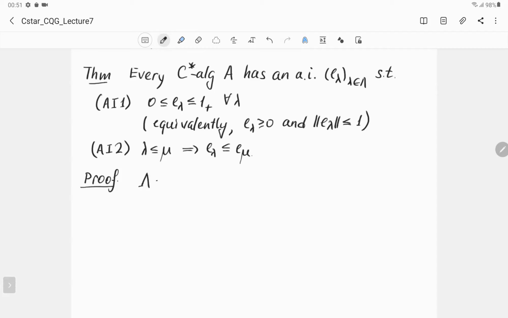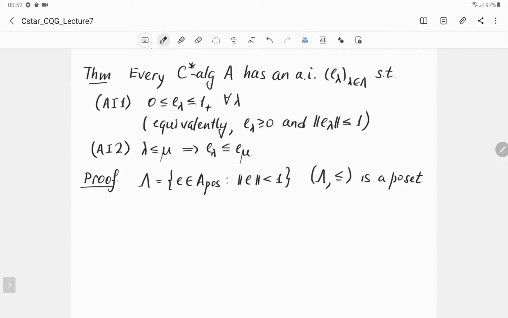So lambda will consist of those positive elements e in our algebra such that the norm of e is strictly smaller than 1. This will be our directed set. The order relation on lambda is the usual order relation which was introduced at the previous lecture. So this is a partially ordered set.